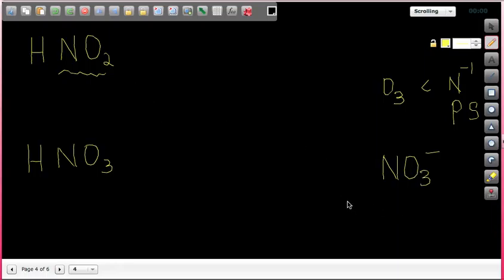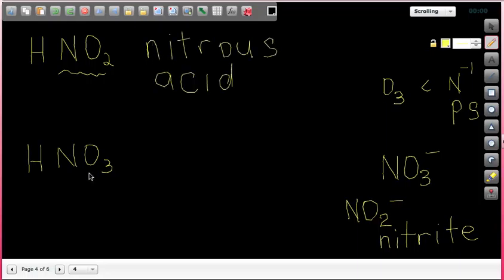So NO2 would be nitrite. Ites will make -ous acid. So I would name this acid nitrous acid. And NO3 we know is nitrate. So HNO3 would be nitric acid.